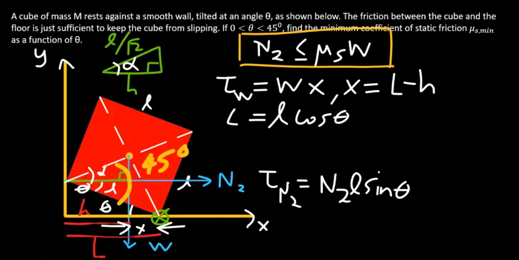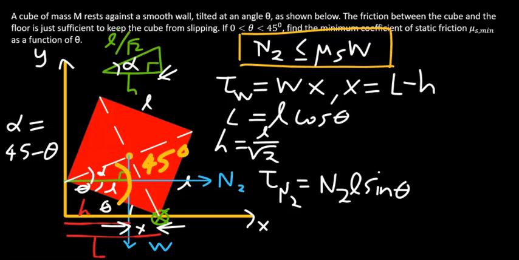What that means is alpha equals 45 degrees minus theta. And from this triangle that we have sketched, h equals l over square root 2 times cosine alpha, and since alpha is 45 minus theta, you can write cosine 45 minus theta here.